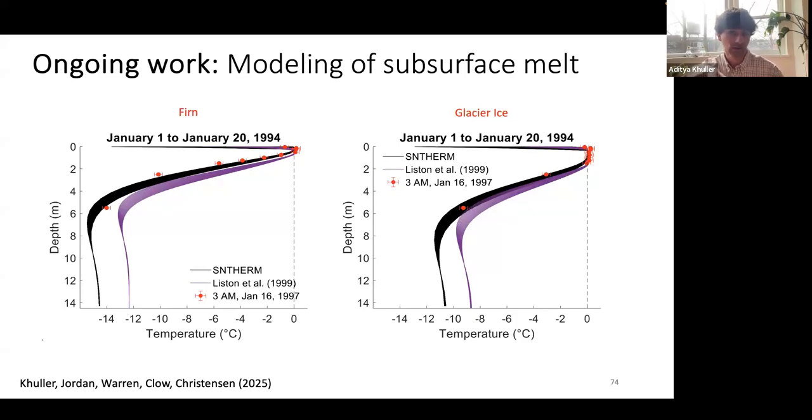In Antarctica it's very windy, and so in rare places a lot of the snow or all the snow is blown off, exposing the bare ice underneath. Even then, I think Liston wrote another paper examining the sensitivity to the environmental conditions. If you had a little bit of cooling of air temperatures and more cloudy days, you would no longer have subsurface melting. So it's sort of on the edge of plausible conditions.